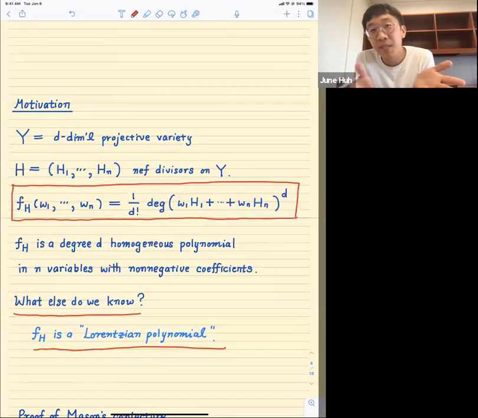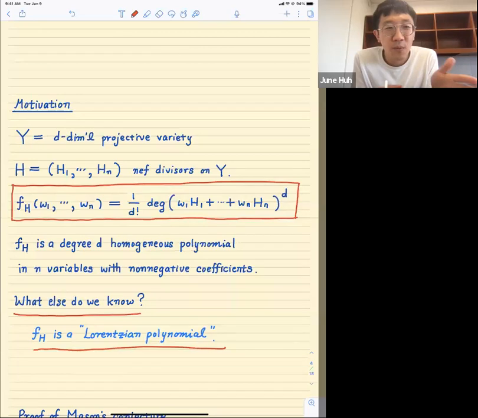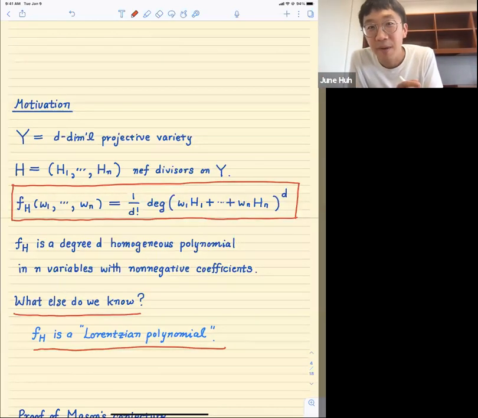But of course, the question itself is sensitive to who we actually mean by we in the sentence, what else do we know? By we here, I meant I and my collaborator, Petter. But maybe you will notice something else.